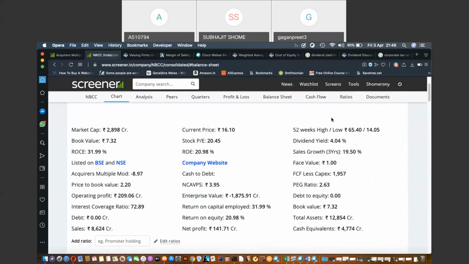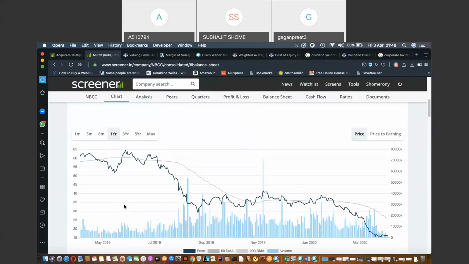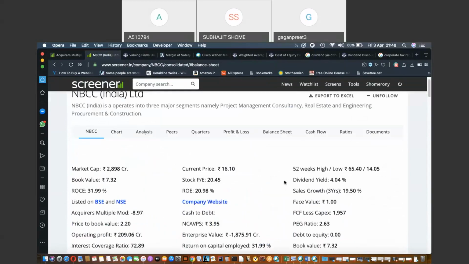Market cap divided by current price. 2898 divided by 16.10. 180. So 180 crore shares are outstanding. Remember, these values are in crores.